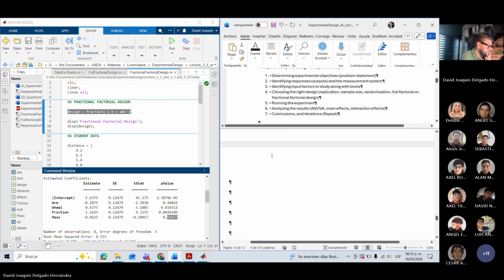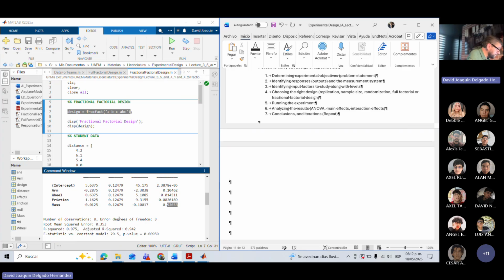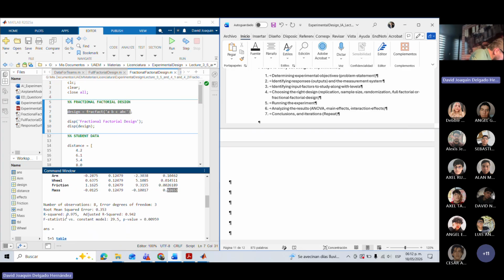What else can I say here? I have an R squared of 0.975, which is very close to 1, so it is a good model. And the p-value is lower than 0.05, so this is a significant model. It helps me to explain the distance.